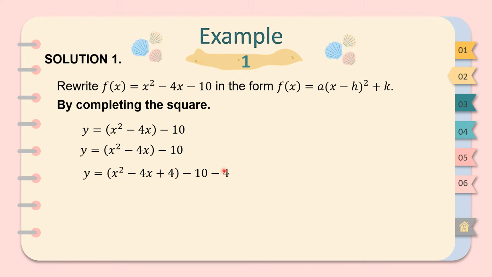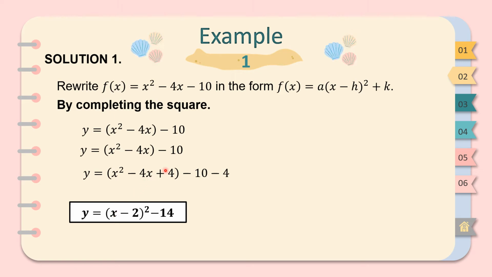And then simplify and express the perfect square trinomial as the square of binomial. So, ito pong perfect square trinomial na to, i-convert natin as a square of binomial. Just get the square root of the first term and the square root of the second term. So, that will become y now is equal to quantity, square root of x, that is x, square root of 4, that is 2.